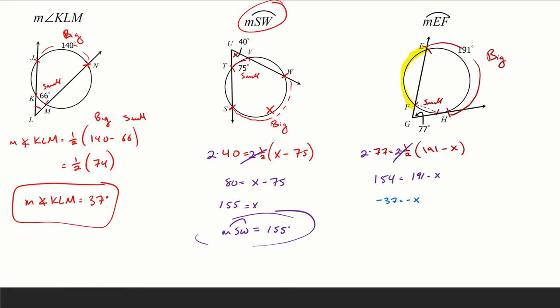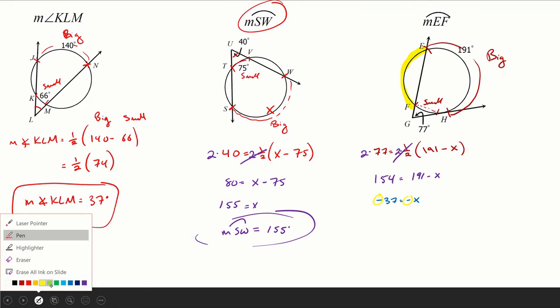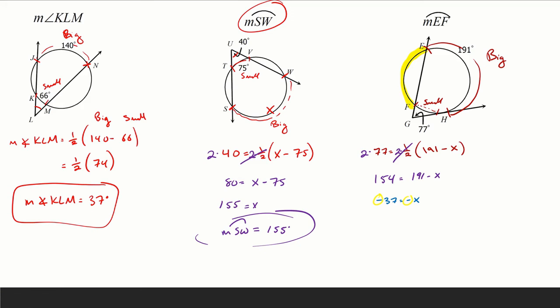On the right side, I'm left with negative X. Now, since they're both negative, we can either multiply by -1 or divide by -1. But either way, I end up with X equals 37. Now, remember, X here represents the small arc. So that small arc is actually 37.